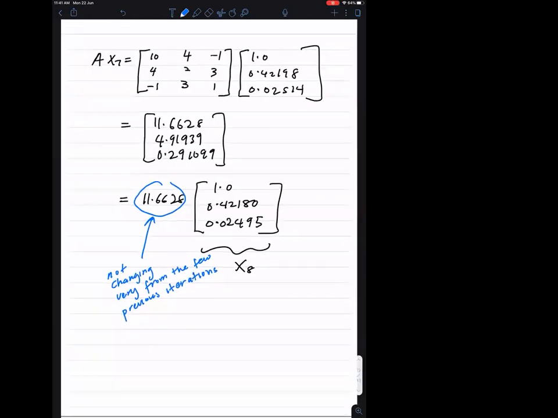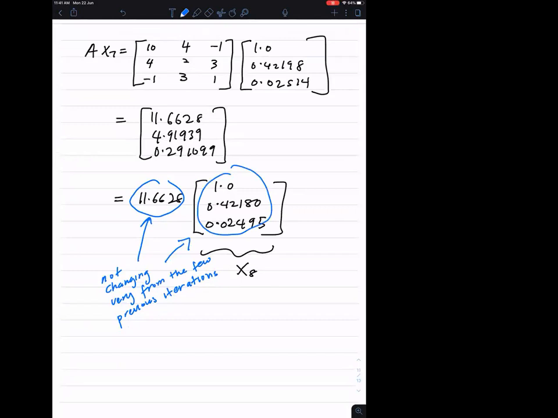This also not changing very much from the previous iterations.